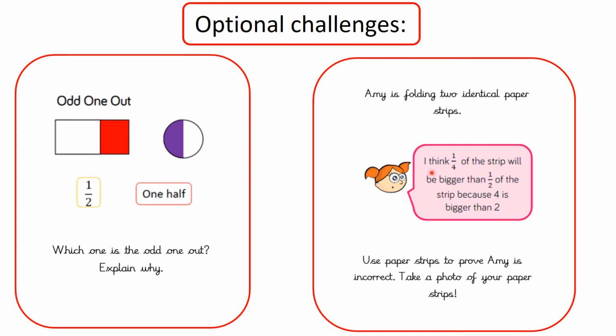She says, I think 1/4 of the strip will be bigger than 1/2 of the strip because 4 is bigger than 2. Use paper strips to prove Amy is incorrect. Take a photo of your paper strips to show me or to show Miss Cagney. If you don't want to use paper strips for whatever reason, you could draw pictures instead to prove that she's incorrect. Best of luck, everybody, and we'll be back tomorrow.